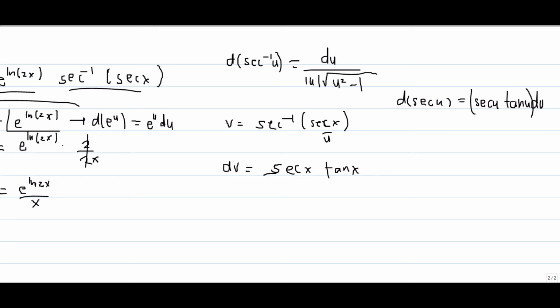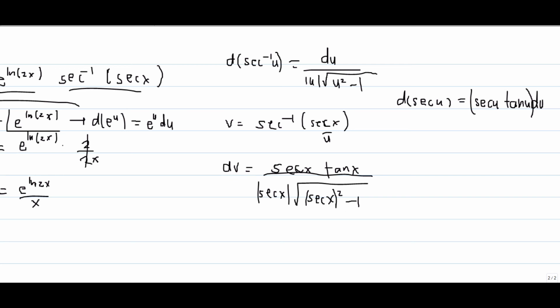Then u here is equal to the absolute value of secant x, then the square root of the quantity secant x to the power 2 minus 1. So that is the equivalent of dv.